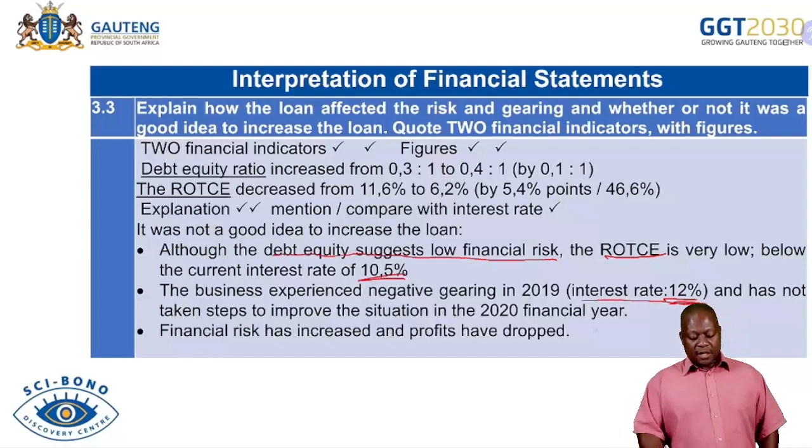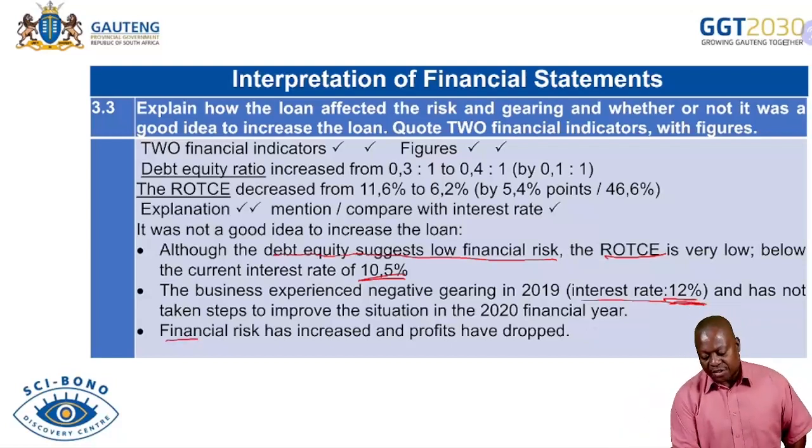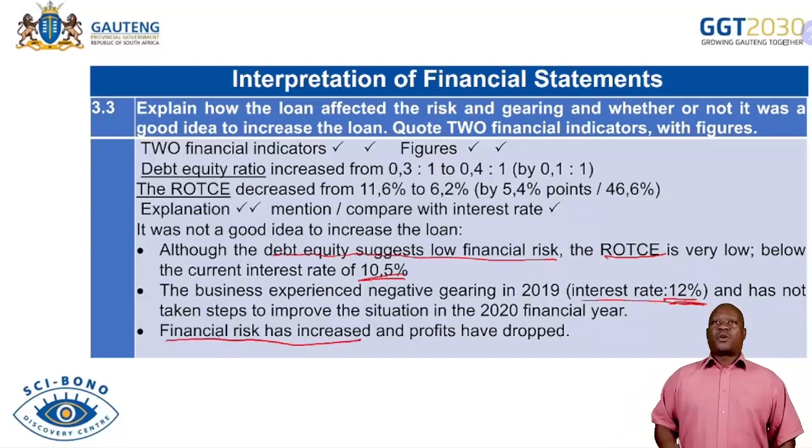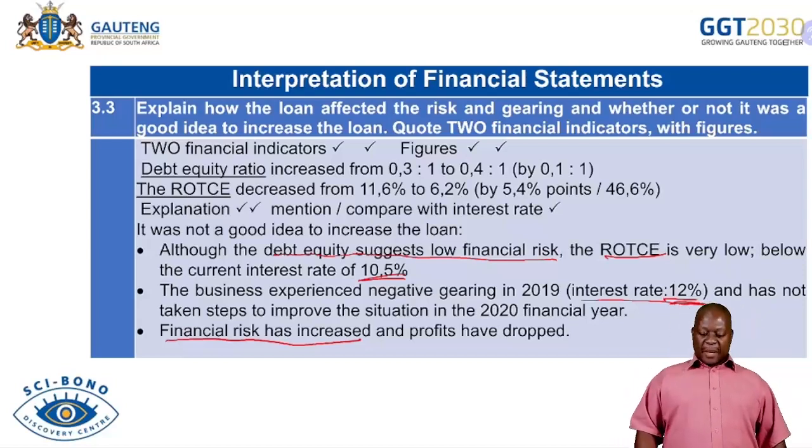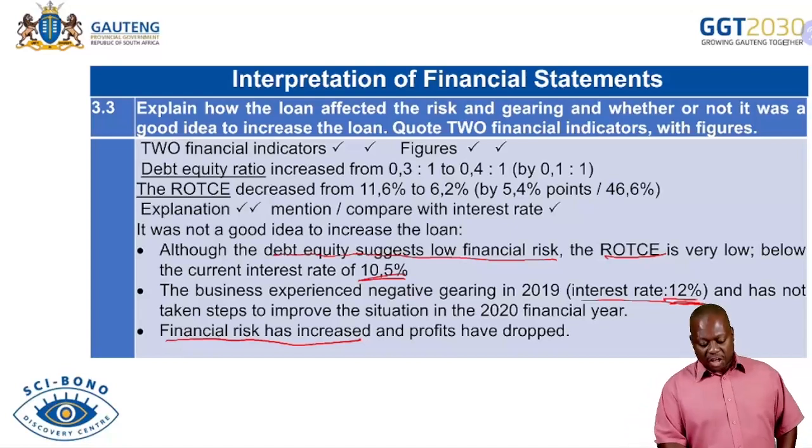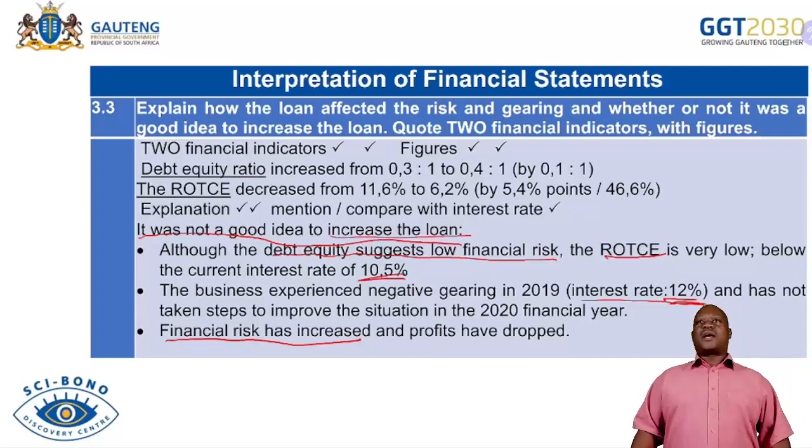So it means there is more financial risk because profits are going down. So our business is not getting any better. The decision is not to increase the loan. It is not a good idea to increase this loan.